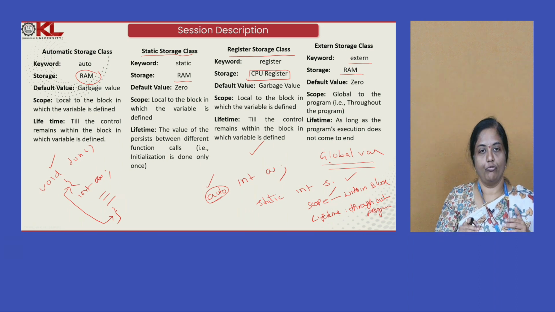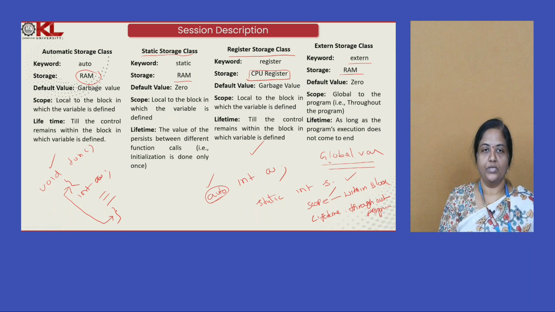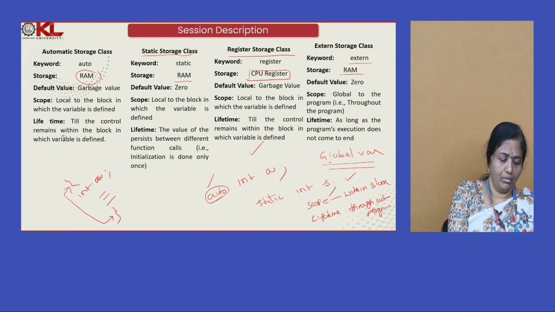Suppose you want to write a program where you want to retain the value even if your variable is out of scope. In that case, you can make use of a special category called static. Static variables are more significant and their use is very significant in writing programs.